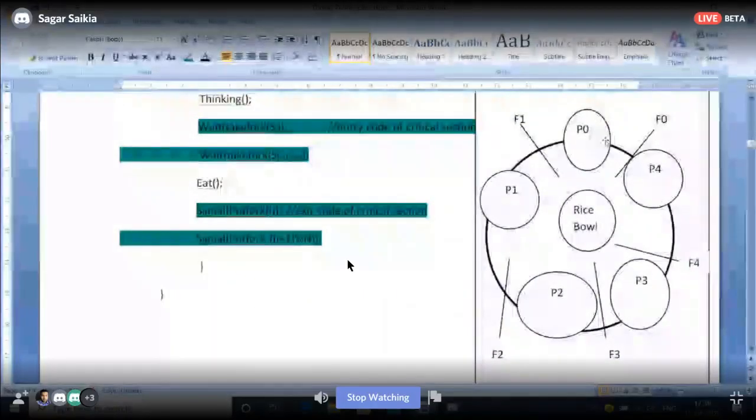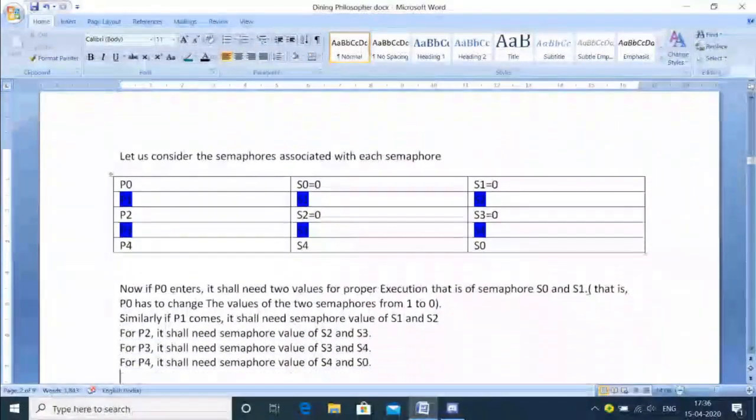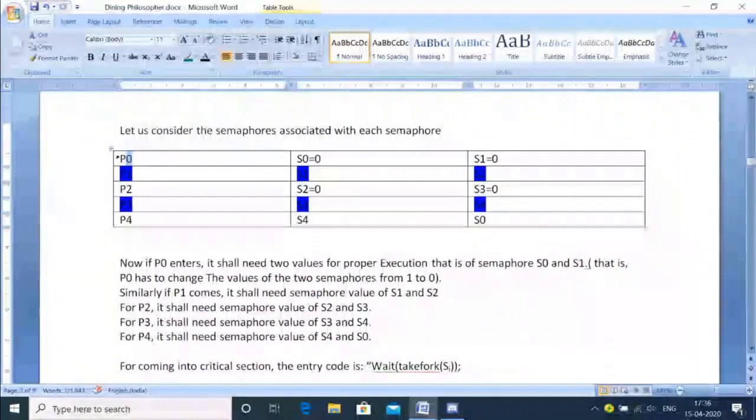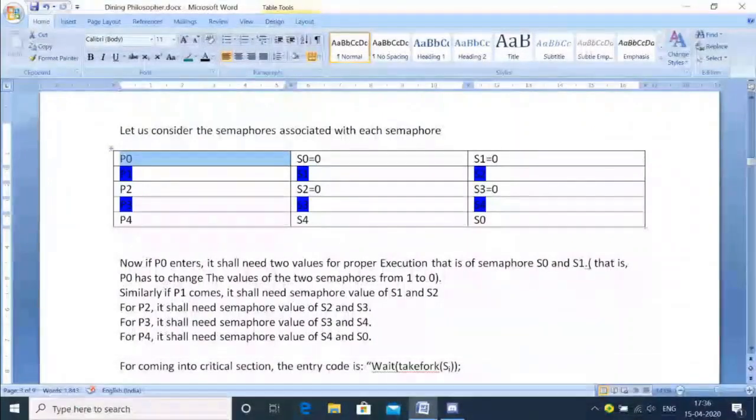Now let's say P0 has entered the critical section. Can P2 also enter the critical section? Can that be possible? I'm saying if P0 has entered the critical section, can P2 and P4 also enter? P0 and P1 can't enter together. Why? Because they are cooperating processes. There is a dependency: the execution of one process affects the result of the other.